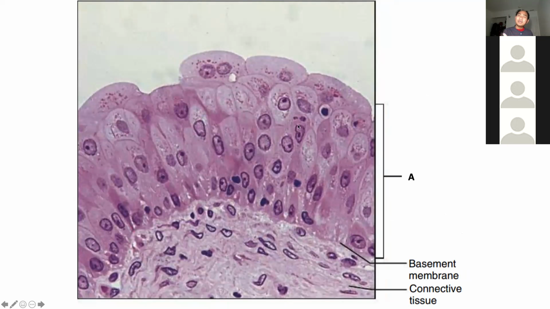This is an example of transitional epithelium, which is a form of epithelial tissue. I'm not going to ask something that detailed, like is it a transitional epithelium? I don't think I have any question like that. But I want you to know, if you see that, hey, this is epithelial tissue. At least that's what I want you to know.